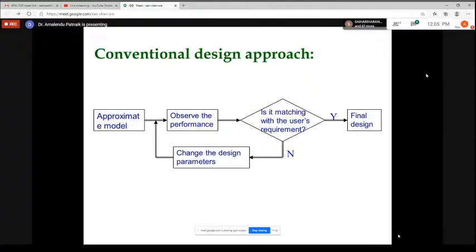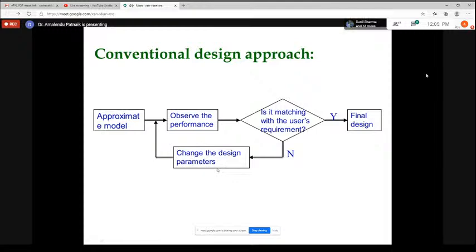Then we observe the antenna performance. If the performance of that approximate model matches our requirement, we take that as our final design. Or if it is not matching, then we change the parameters.